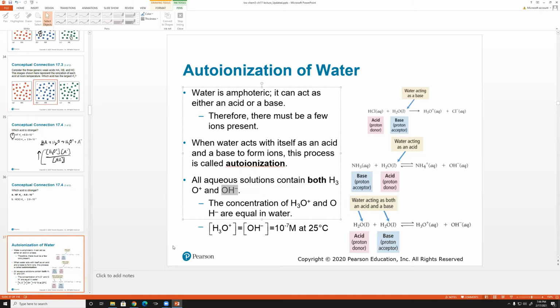So in normal DI water, meaning deionized, pure water, the concentration of H3O+ is the same as the concentration of OH minus, and they both equal 10 to the negative 7 molar. That's just a fact.